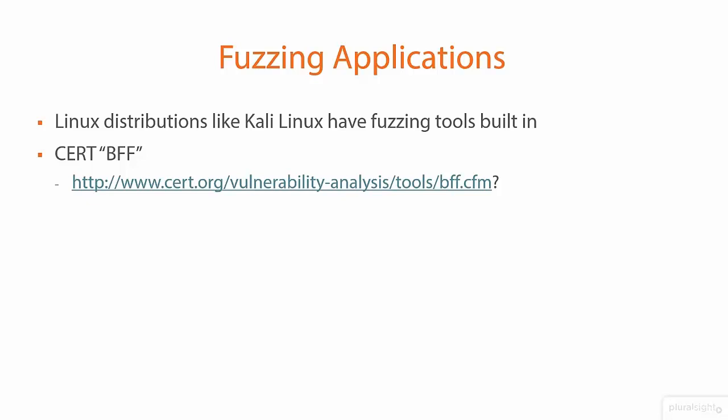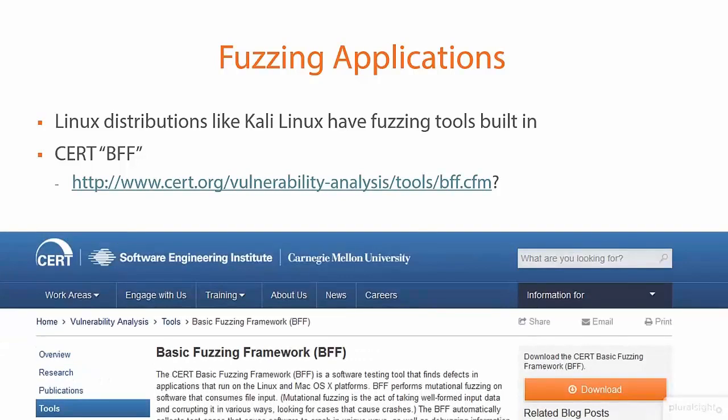And then CERT has one called the Basic Fuzzing Framework that you can download from the website that you see here. Just to give you an idea of what it looks like, if you hit the website, you can download that framework, and it will pop up a number of windows within a Linux shell and give you the ability to test certain fuzzing functions, and get an idea of how all that works.